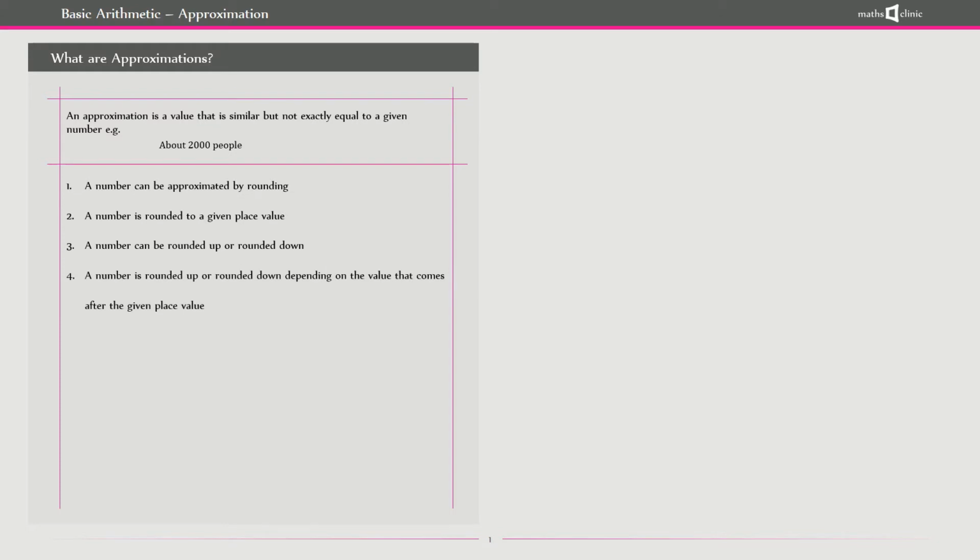A number is rounded up or rounded down depending on the value that comes after the given place value. If you're told to round to a certain place value, it's rounded up or down depending on the number that comes after that value.